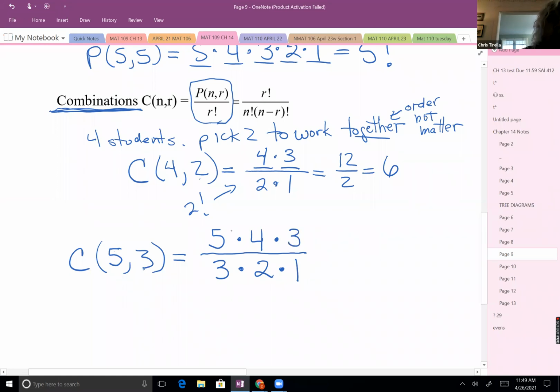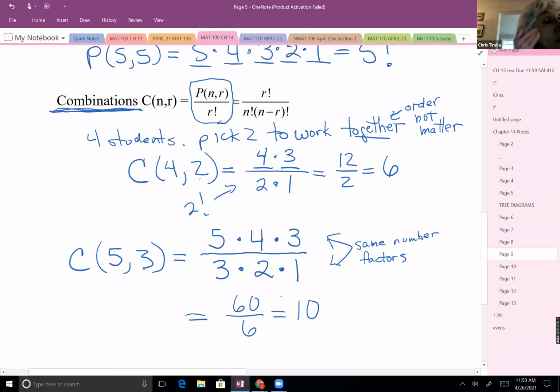And you should have the same number of factors top and bottom. And so if I were to just multiply, that would give me 60 over 6, or 10. Or if you want to reduce that fraction before you multiply, you can.